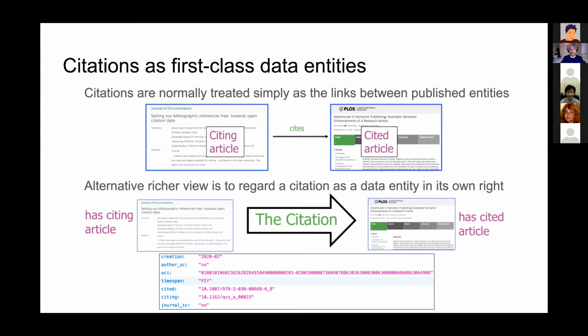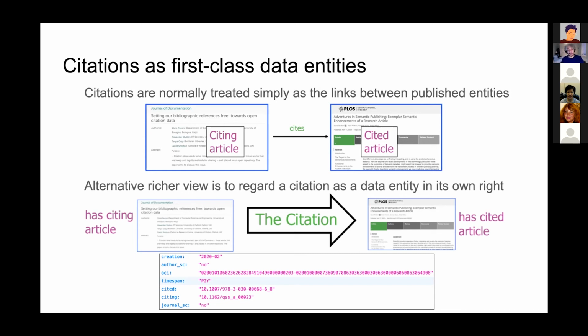That means whether the citation is an author self-citation, meaning that there is at least one author in common between the citing article and the cited article, or a journal self-citation, meaning that the citing article and cited article have been published within the same journal. Then the OCI: these two numeric sequences separated by a dash are actually a unique identifier for that specific citation within our collection, so you can refer directly to the citation itself.